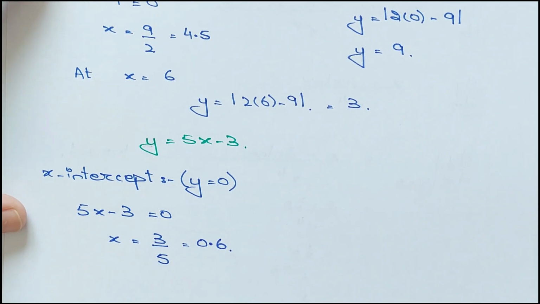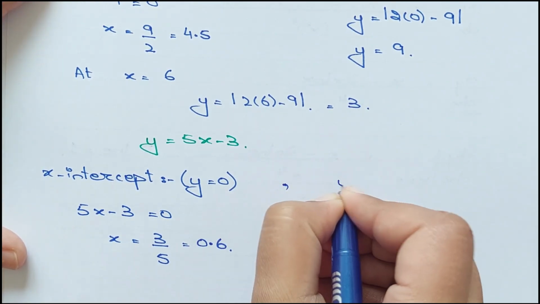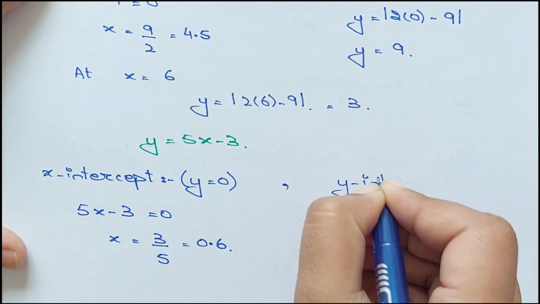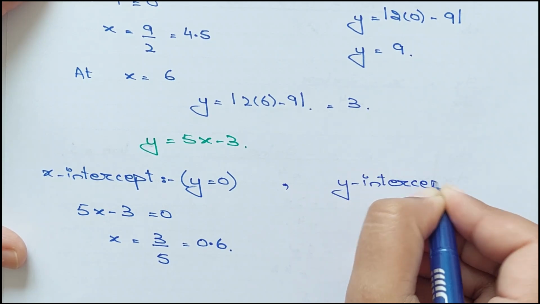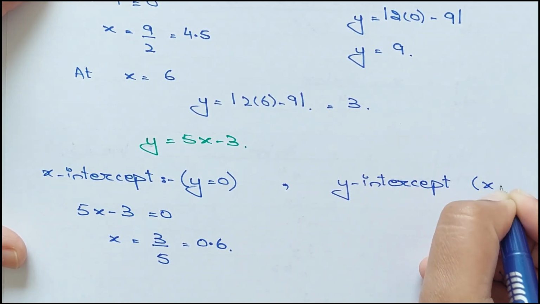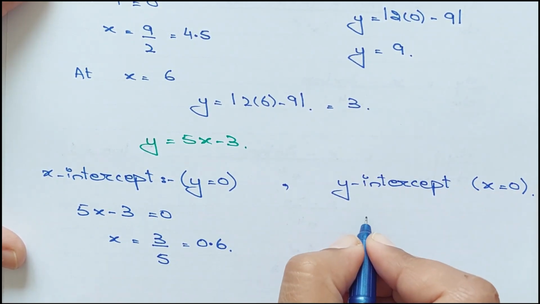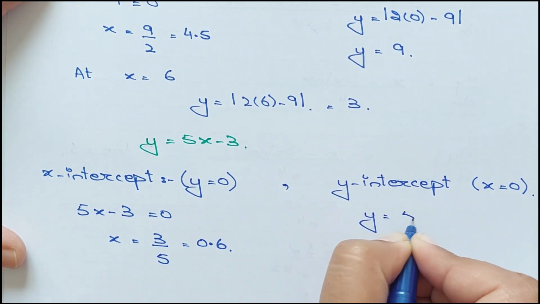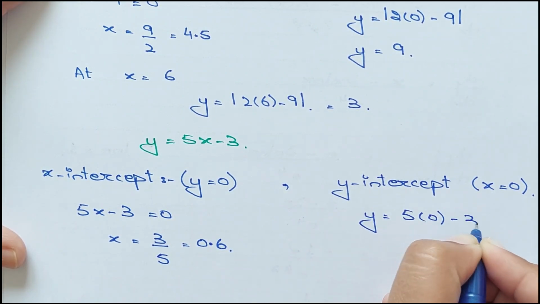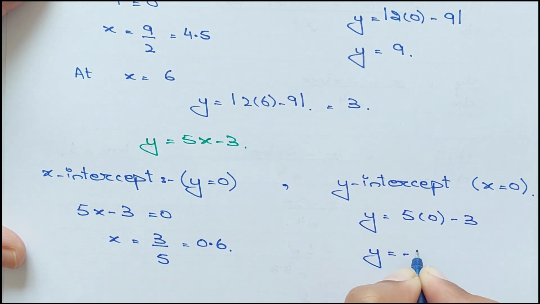And the y-intercept: when x equals 0, we have y equals 5 times 0 minus 3, so the y value is negative 3.